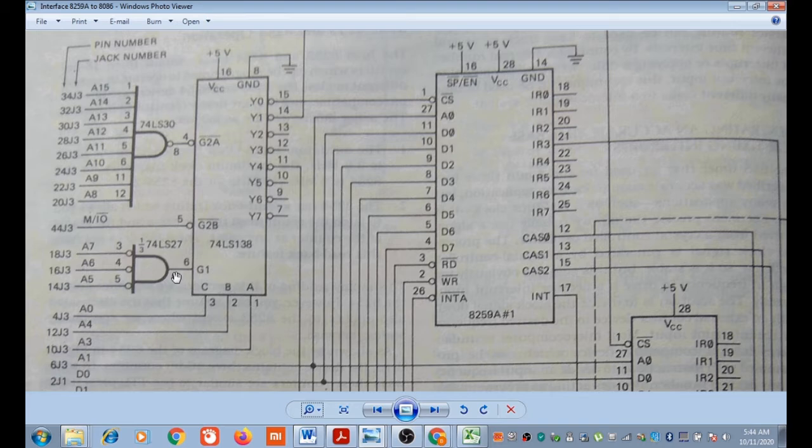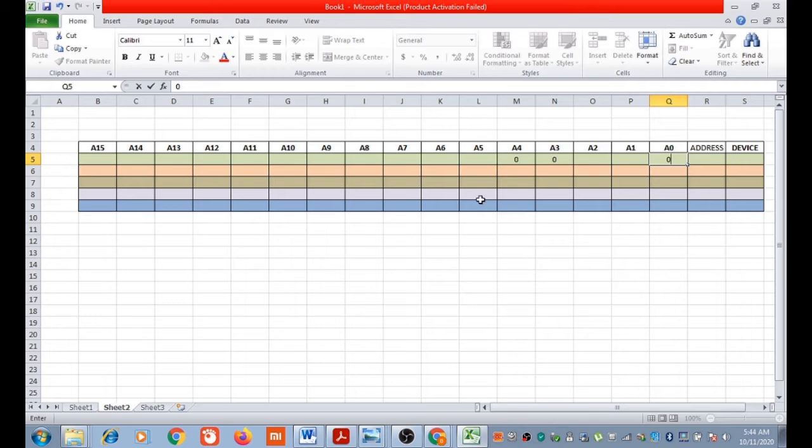So a logic high will appear on this line when all these pins are zeros. When a 0 reaches on this line, it will be negated. A 1 will reach the AND gate. Okay, like this. A7 should be 0, A6 should be 0, A5 should be 0. A5 to A7 should be 0.